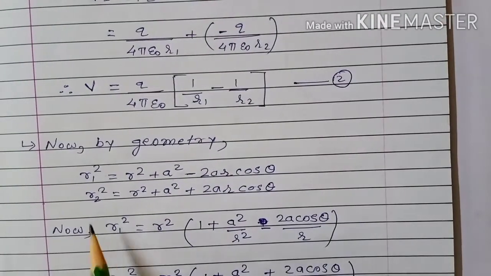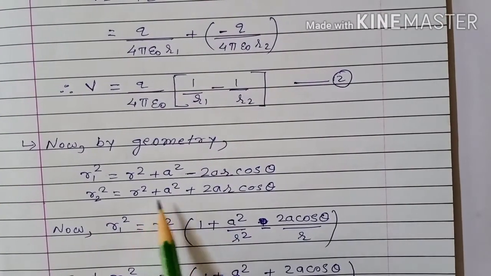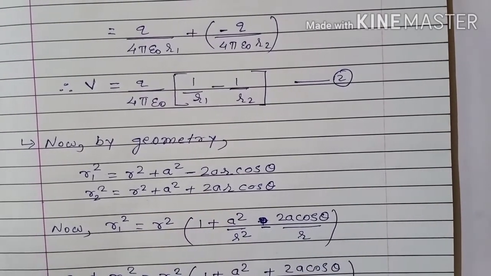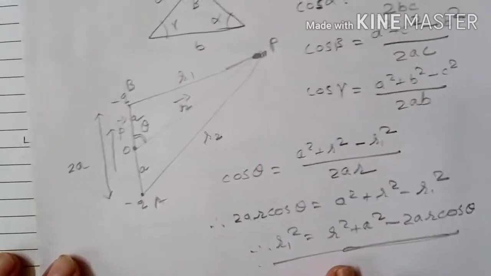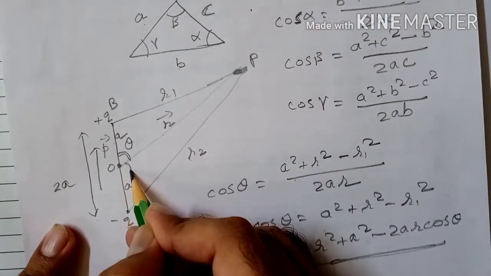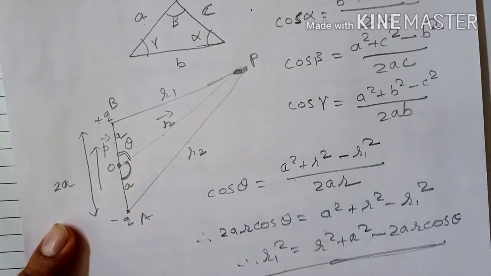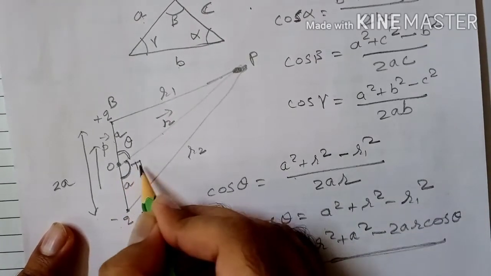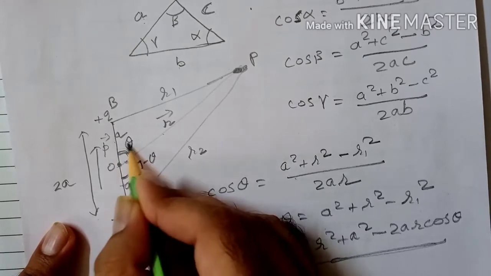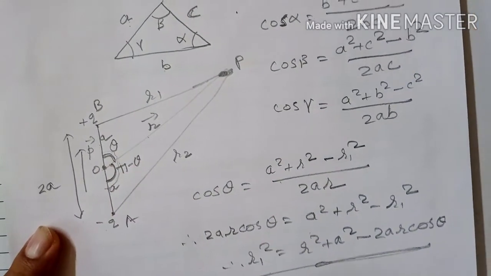In the same way, r2 square is equal to r square plus a square plus 2ar cos theta. Why have I written plus 2ar cos theta? Here, if you want to find r2, then we have to consider this triangle. For this triangle, this angle will be pi minus theta. This is theta, and this total is pi, so this can be written as pi minus theta.